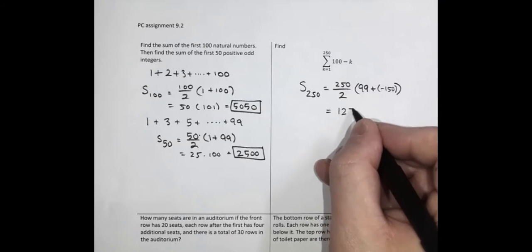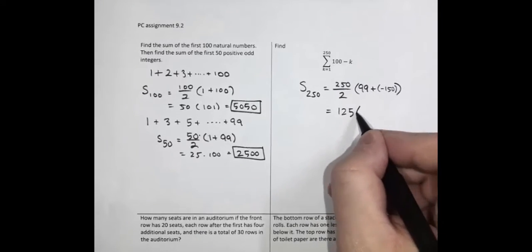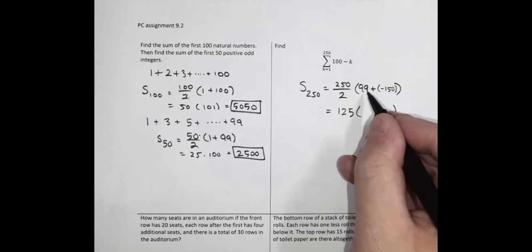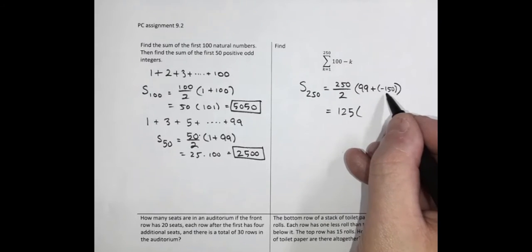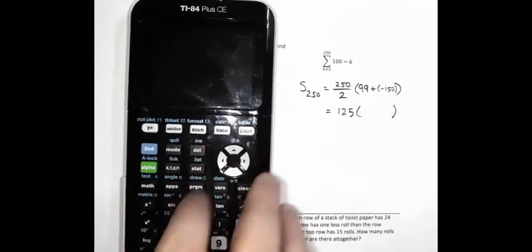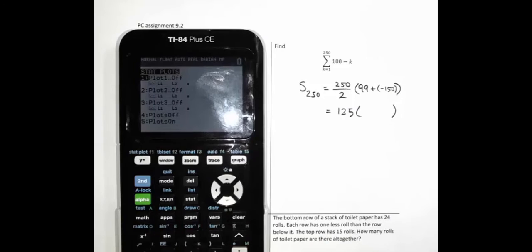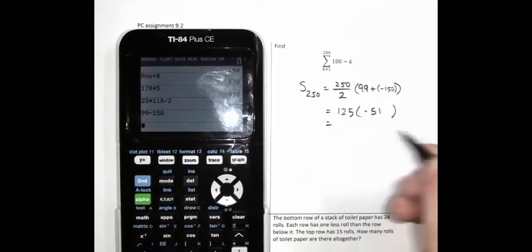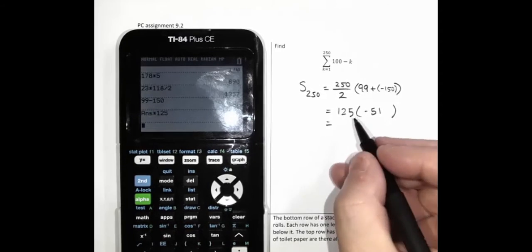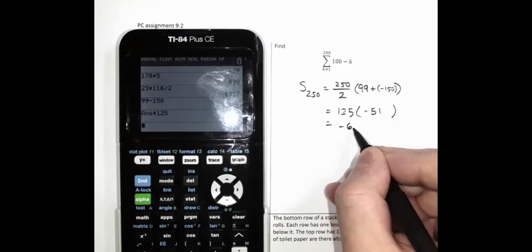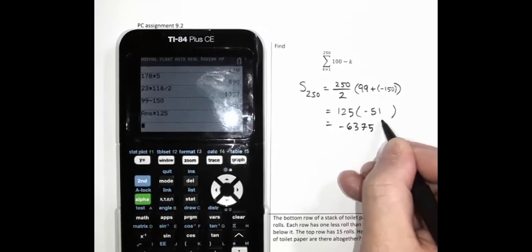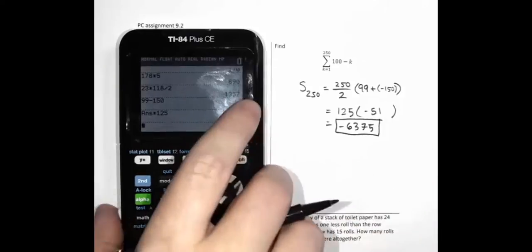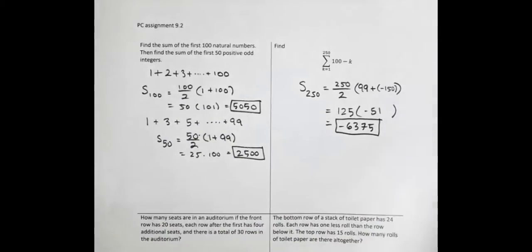So we have 125, 250 over 2, multiplied by 99 plus negative 150, 99 minus 150, which is negative 51, and so the answer here would be negative 51 multiplied by 125, looks like negative 6,375. Can you tell why that one got a little bit negative on us?